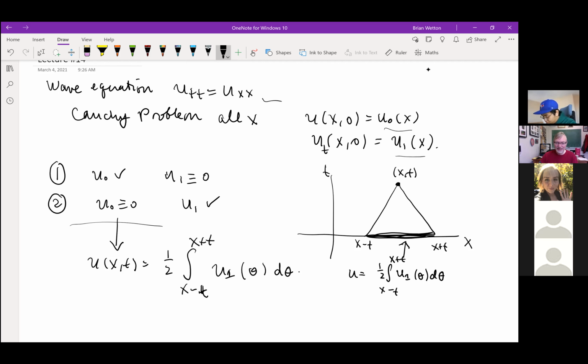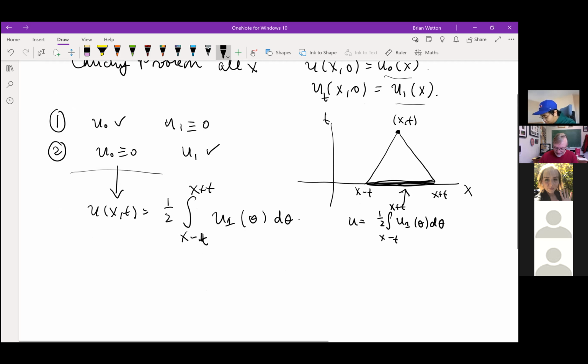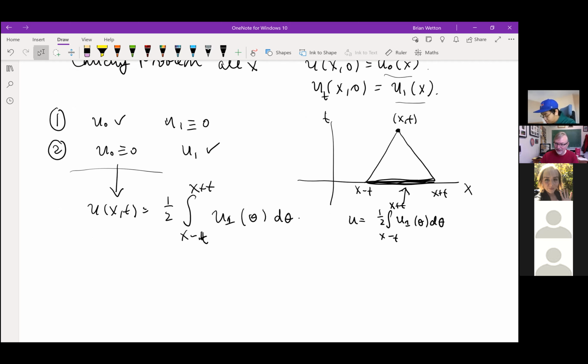Okay, well, in what comes up, I want to write the process of taking the function U1 and giving the function U of x at a later time t. I want to write that in a very formal way. And so I did that.